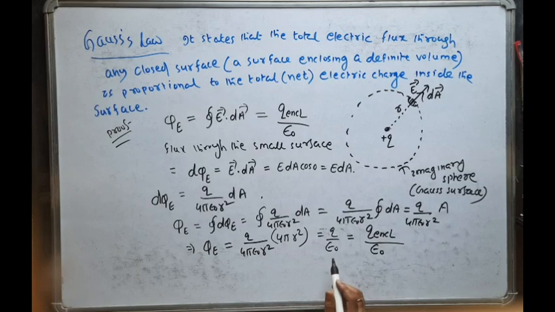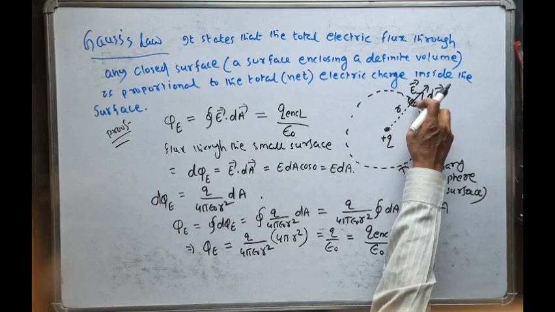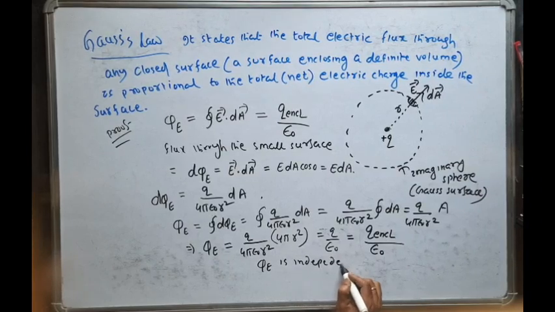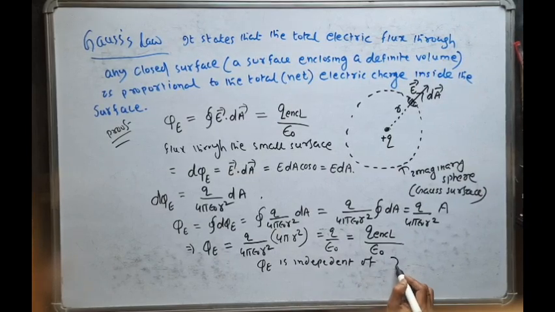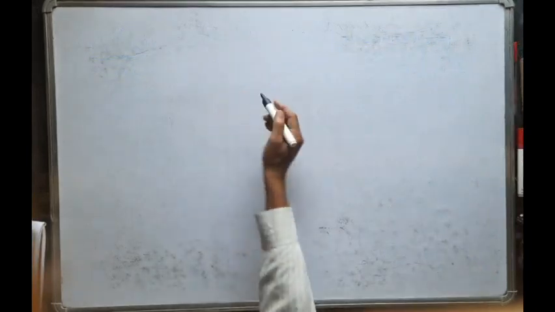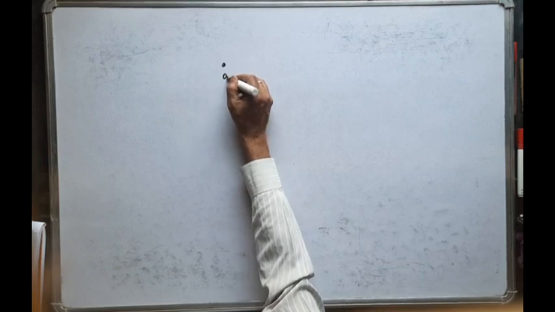One interesting point is that the flux does not depend upon the distance from the charge to that point. So we can say flux is independent of radius. Okay, so this is the proof of Gauss law. Now suppose this is a charged particle q.